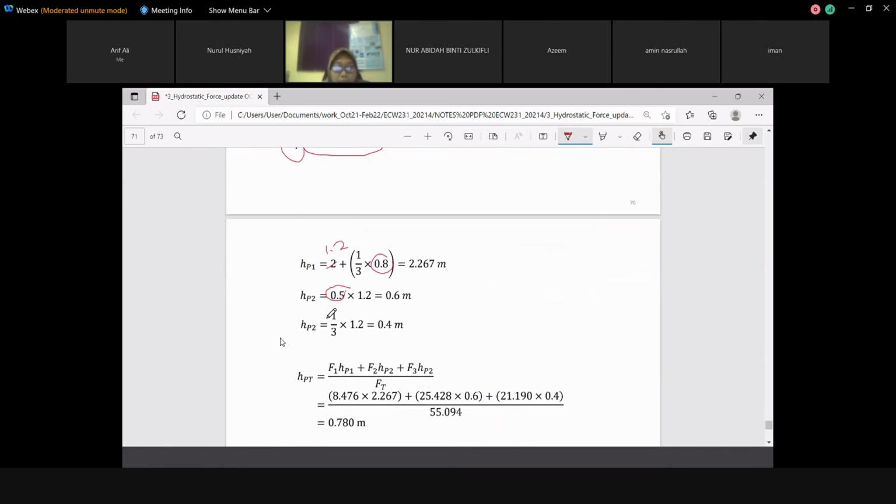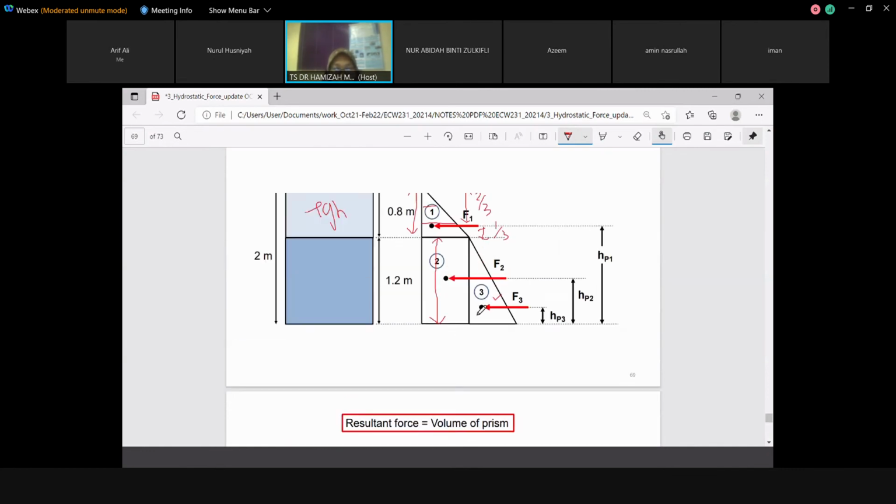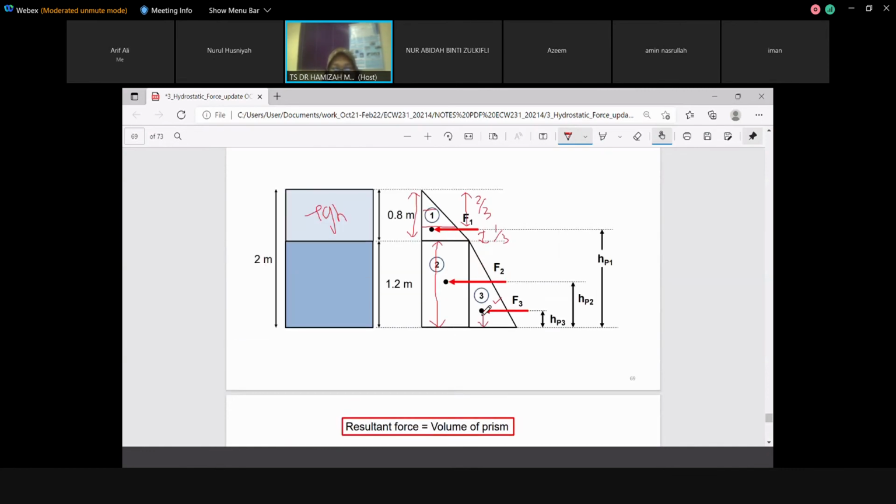Okay, and then let's see on HP2. HP2 pun calculate from bottom. So from bottom, kat sini lah 1/3. 1/3 daripada tinggi dia 1.2. Okay, tak perlu tambah apa-apa sebab it is already at the surface.